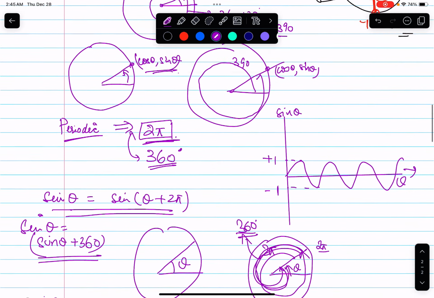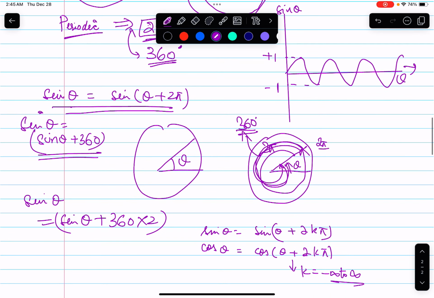Okay. So that's good. Now we can look at some angles for sine of theta and cosine of theta, and then we can look at a few intuitions for how sine of theta and cosine of theta work.